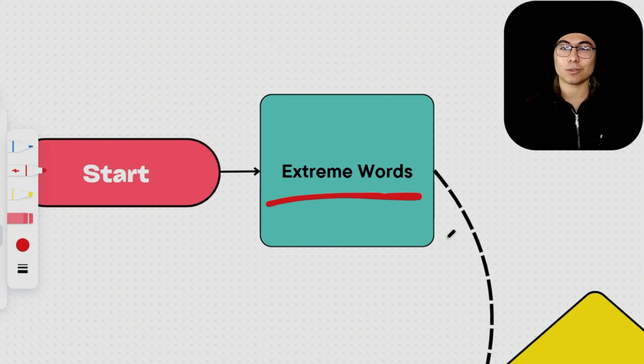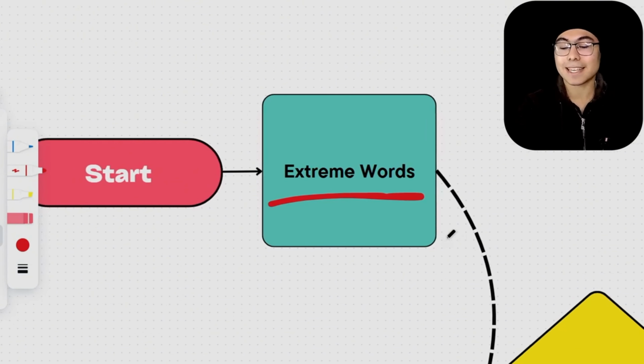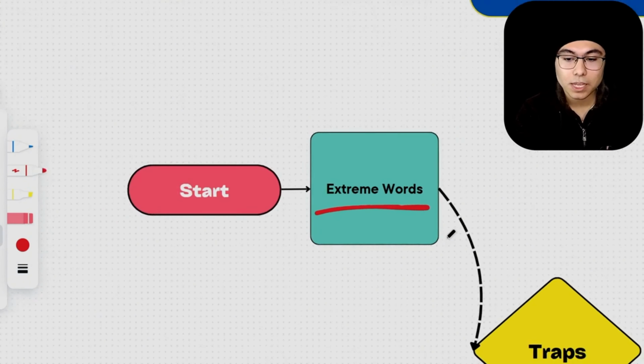And if you can spot those, it's going to be so easy. I can't guarantee that every single answer choice that uses those extreme words is incorrect. In 98% of the times, answer choices that include an extreme word are going to be wrong. But sometimes if the passage actually says that, then it might also be true.